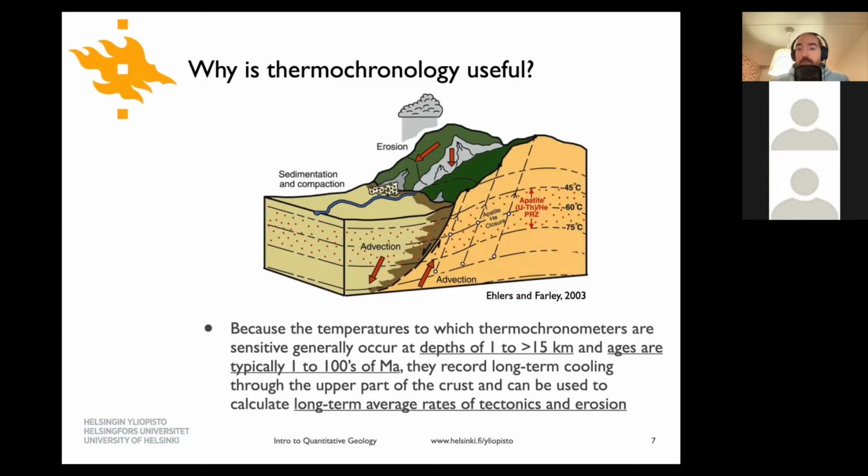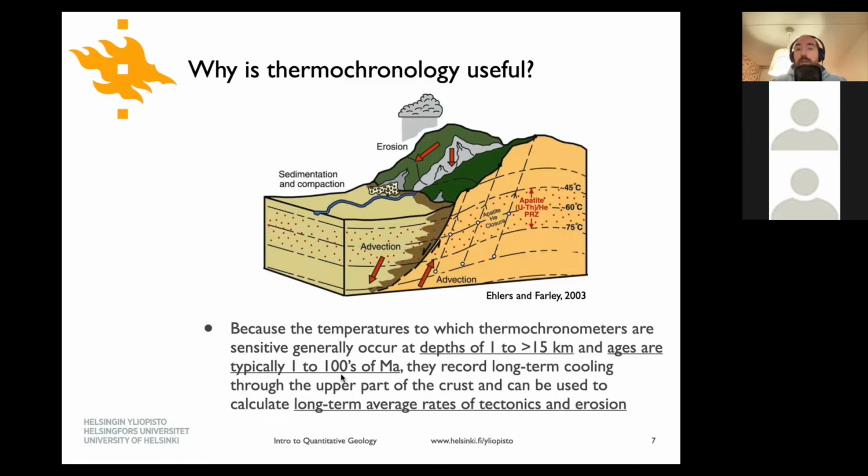With the low temperature systems, we're usually looking at depths to this closure temperature that are somewhere between 1 and maybe up to 15 kilometers depth, and ages that are on the order of 1 to maybe hundreds of millions of years. What this means is that we're sensitive to what's happening in the upper crust, near the Earth's surface, and we can calculate things like long-term average rates of tectonic activity, for instance, with this fault slipping here, or erosion over these time scales of 1 to hundreds of millions of years.